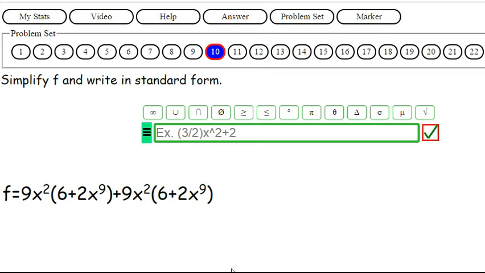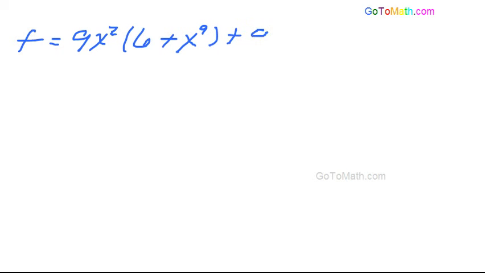Let's get over to the whiteboard and rewrite this down. So f is equal to 9x squared times 6 plus x to the 9th, plus 9x squared times 6 plus 2x to the 9th power.